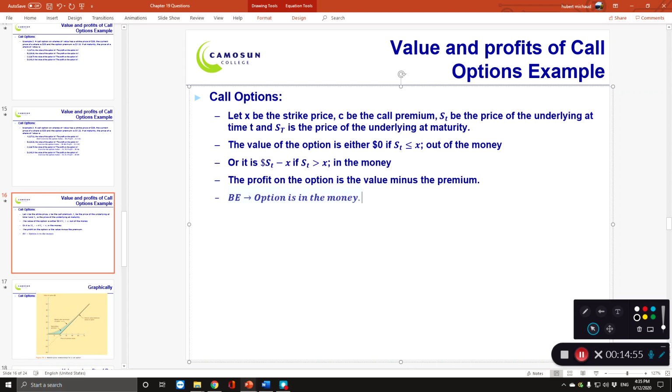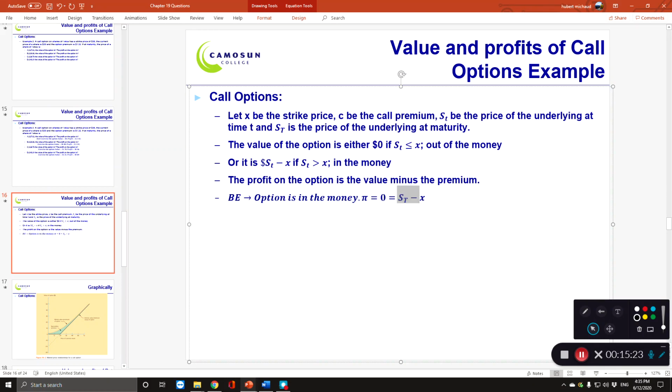Also, we know that the break-even point is where the profit, and usually because I'm an economist, I write profit as pi, is 0 on the option. We know that when an option is in the money, the value of the option is going to be ST minus X. But this is not the profit.